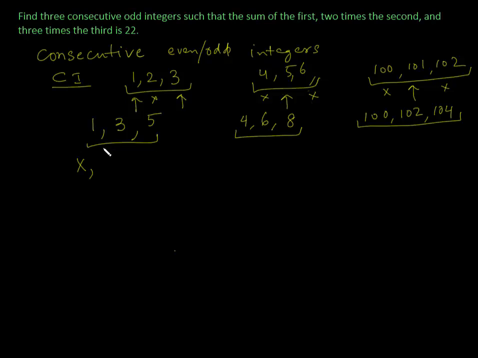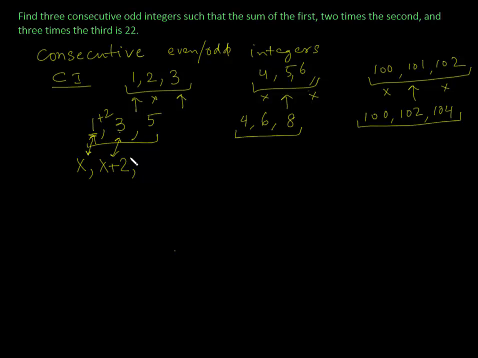Now if we compare 1 and X, and I wanted to write 3 in terms of X, how can I write it? I know 3 is 2 more than 1. So if I use the same relationship and say X plus 2 should be the next odd number, then we'll check if that's true or not.